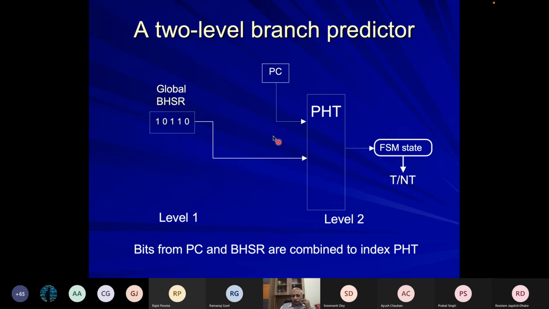So what is done is that you take a few bits from here and some bits from there, maybe all bits from here and some bits from there, and use that to index into this table, because you don't want this table to be very large. Although this is indexed, there is no lookup being done here, right? This is getting indexed, so that comparison logic is not there. So this is a way of combining global information and local information, global behavior and local behavior of the branch and the whole program.